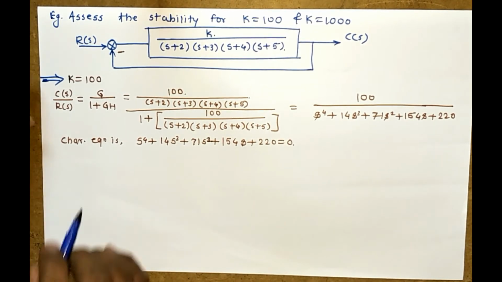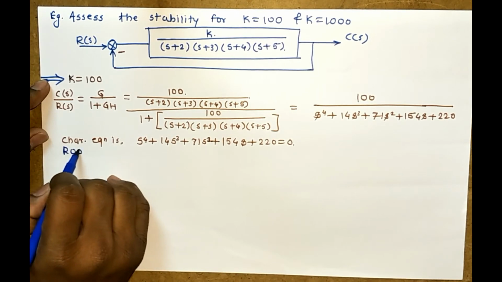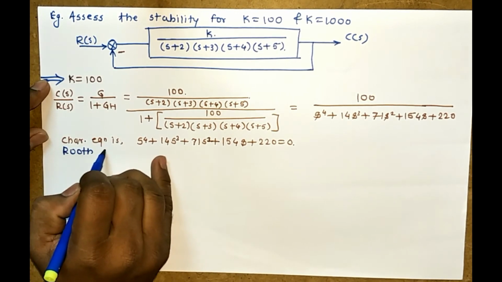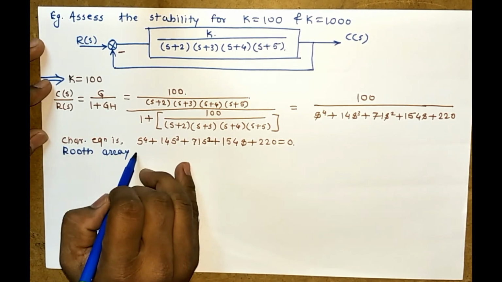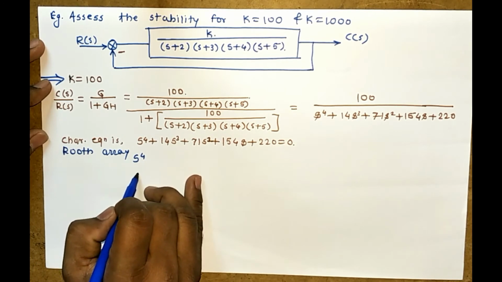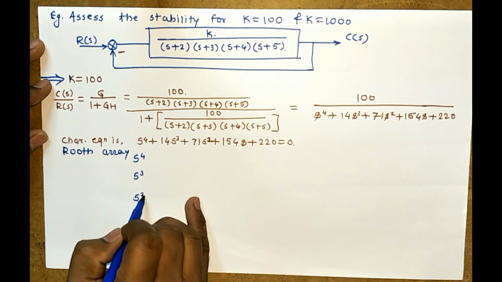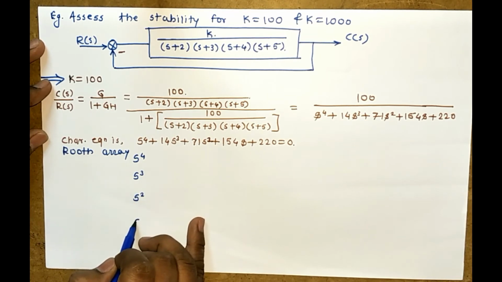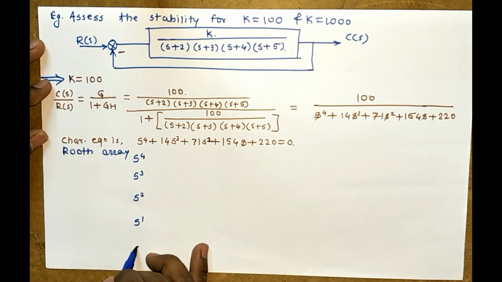Now draw a Routh array. S to the power 4, s to the power 3, s to the power 2, s to the power 1, s to the power 0.